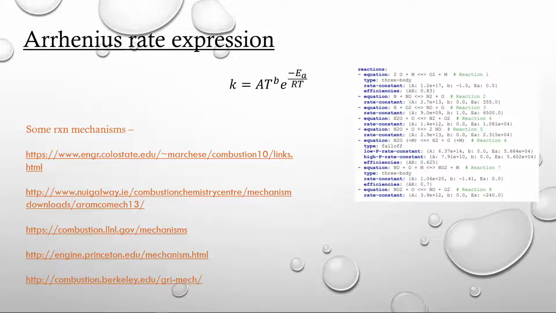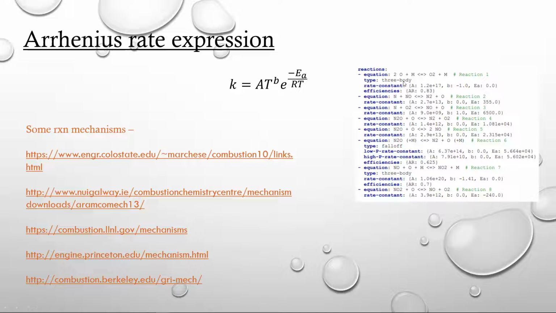However, related to these reactions, you will see descriptions of coefficients are slightly different. In the three-body reaction, you have efficiencies coming up. And for the fall-off reaction, you have a low pressure rate constant and a high pressure rate constant.